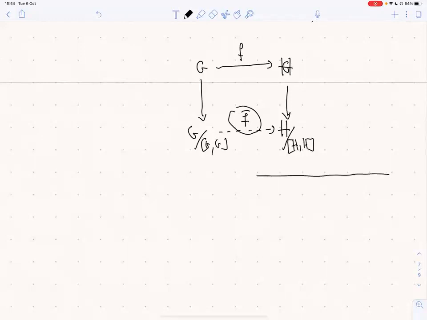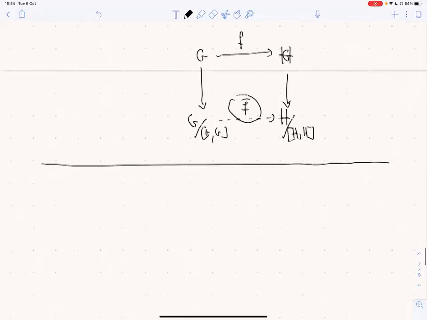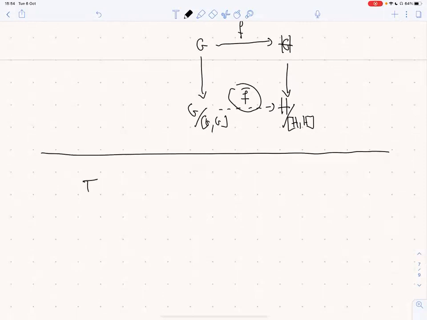Then another example that everybody probably knows is the pi one. The pi one goes from Top star into Groups.